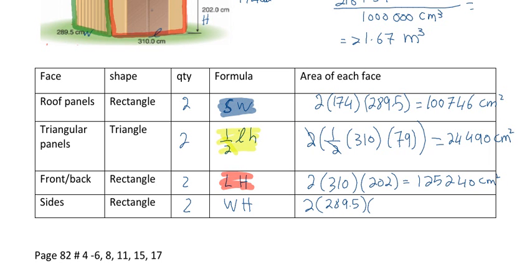So with this table, I have already found the area of all the sides. Now what I have to do is add all of them together, and that will give me the surface area of my shape. This should be 116.